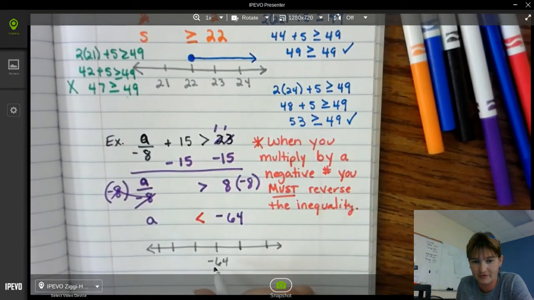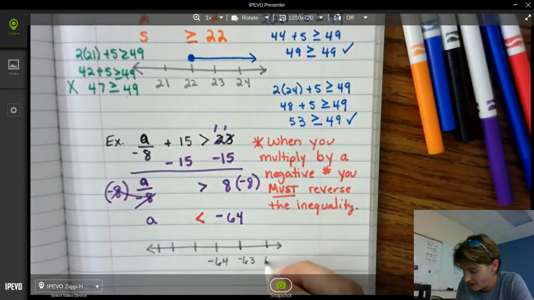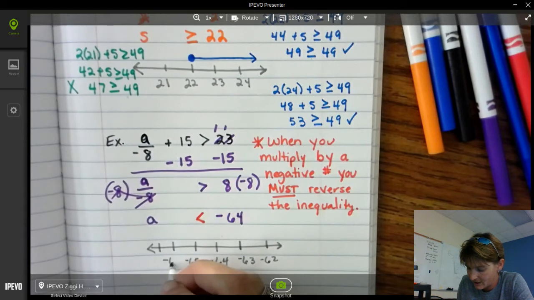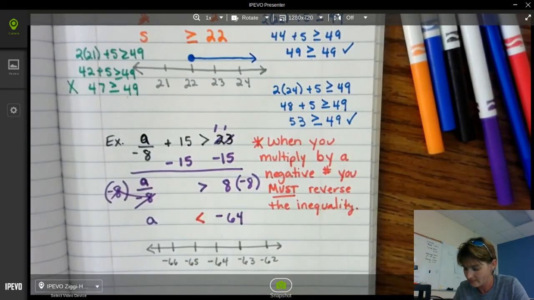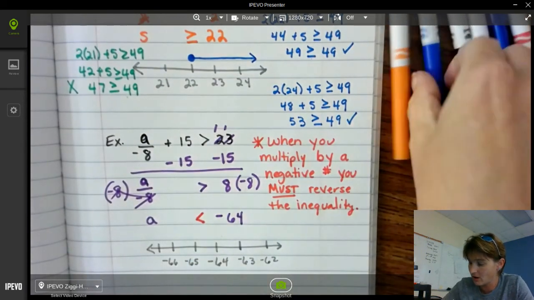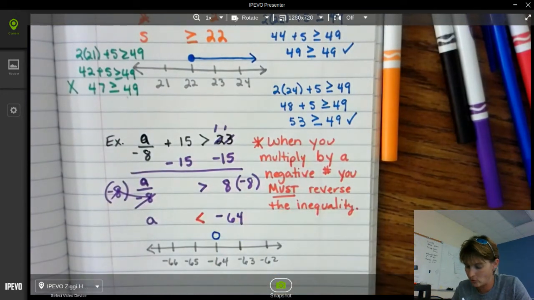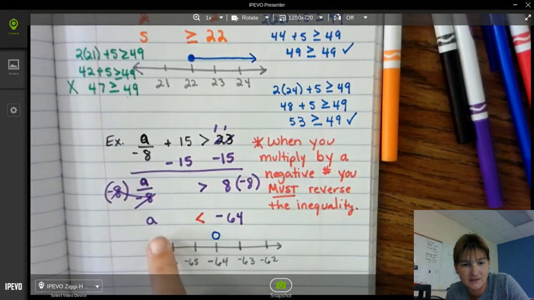So -64; to the right would be getting closer to 0, so this is -63, -62. To the left would be getting further away from 0: -65, -66. Okay, we put our open circle at negative 64. And let's think about this. It says A is less than negative 64.